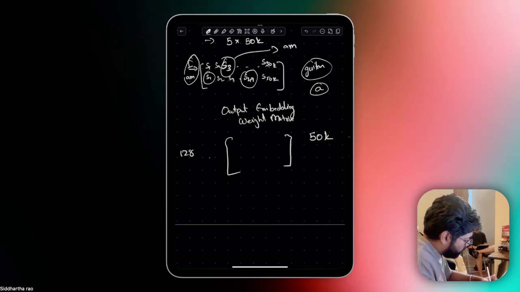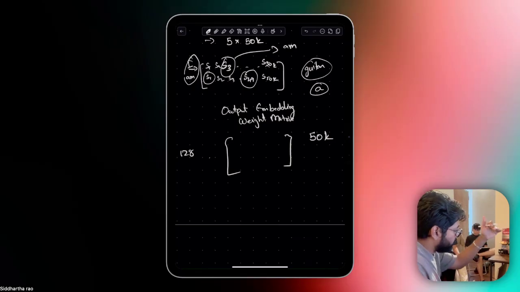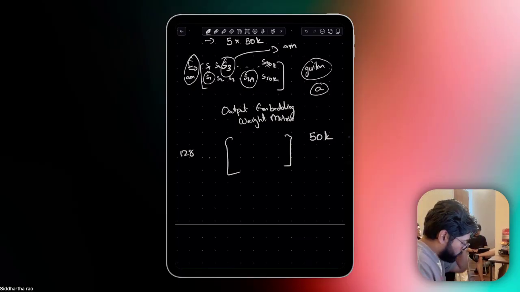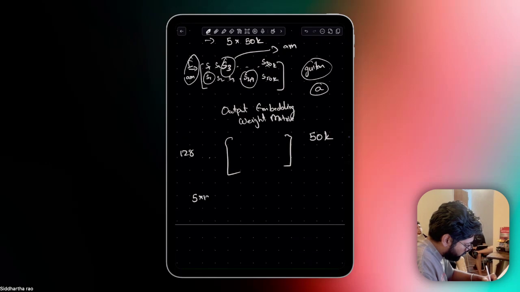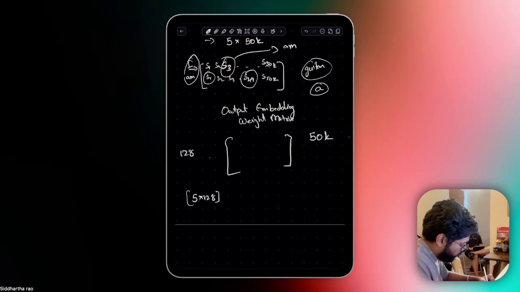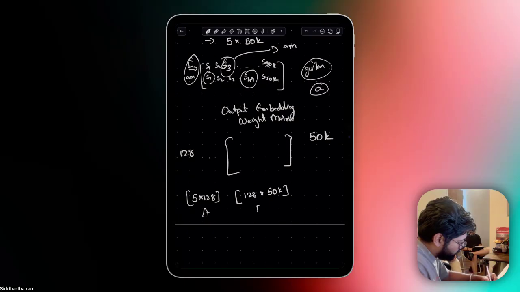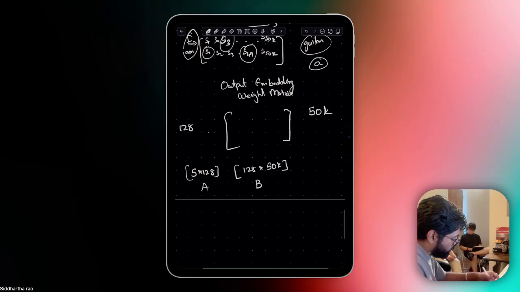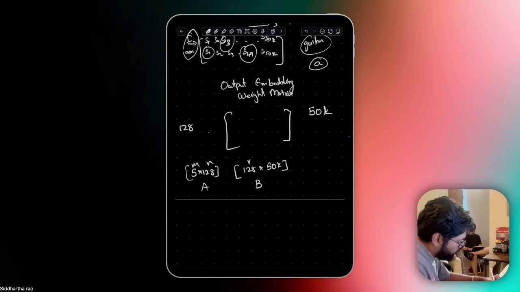Now the final output from the transformer is 5 by 128; call this matrix A. And you have matrix B, which is the actual weight matrix, of shape 128 by 50,000. The matrix multiplication of these two, with dimensions M, N and K, gives 5 by 50K.